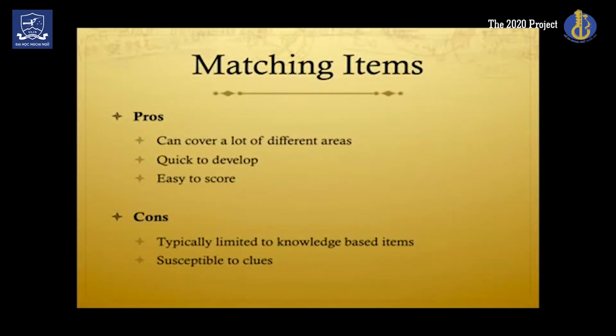Problem is that they're really hard to go beyond basic knowledge, because once you get into comprehension level or application or even analysis, and you can do it, but again you lose a lot of the benefit of the matching item, because the responses and the descriptions get so long and so complicated that it takes that amount of time to make, and it takes that amount of time for the students to read and complete. And this is the other part of it, that they become really susceptible to clues, especially if you don't have a large homogeneous list, meaning that it's all one topic.